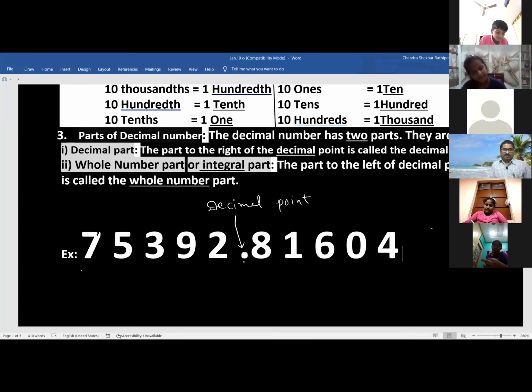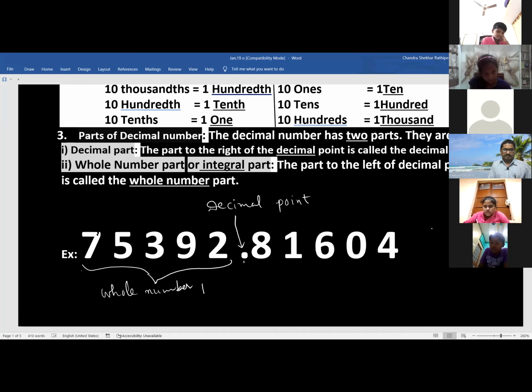The part which is left of the decimal point is called the whole number part. Another name for whole number part is integral part.